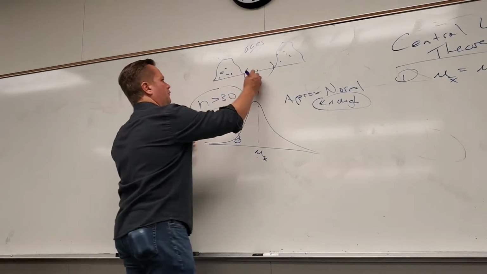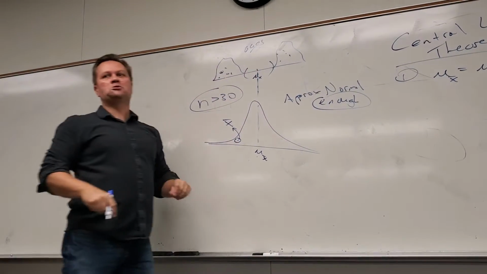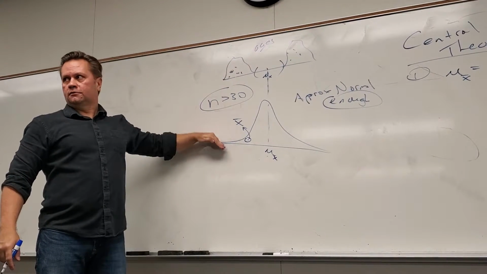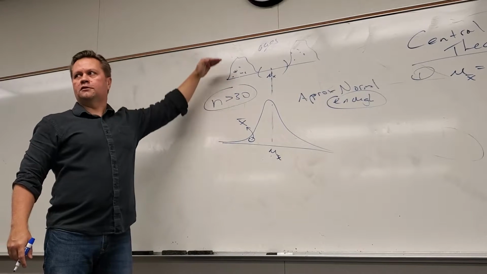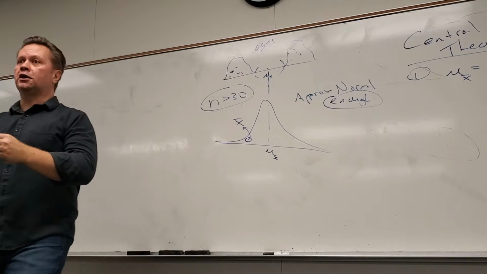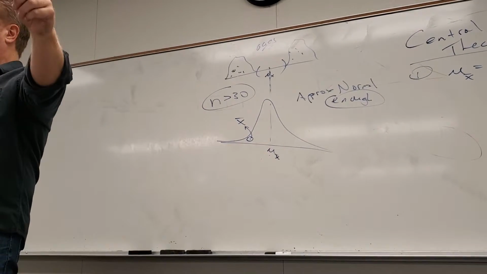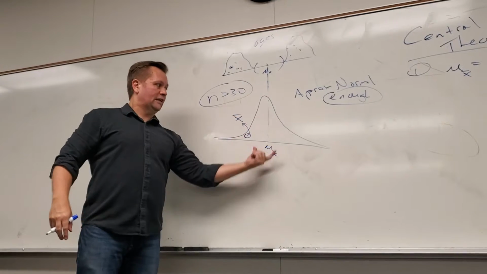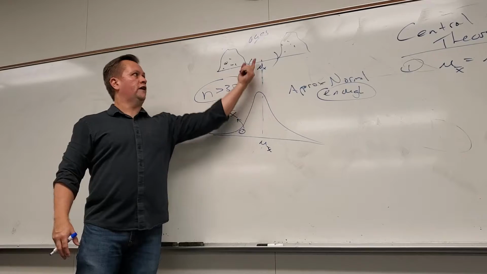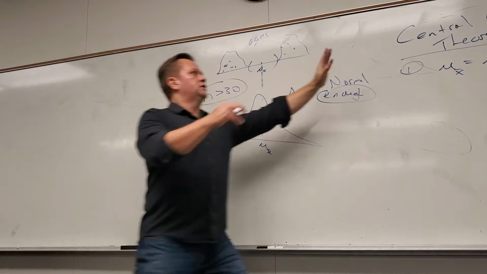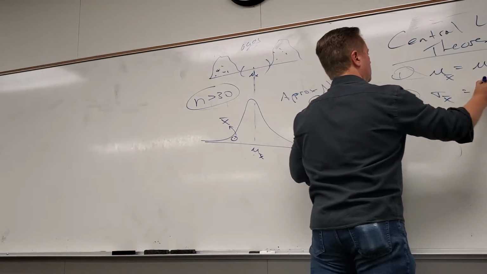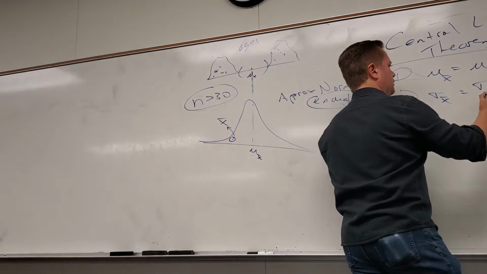This would be the mean of all the X's, the individuals. Which one has a smaller standard deviation? The top one or the bottom one? Bottom one, because what does standard deviation tell you? The average distance from the mean. This one, there's a ton of stuff right next to the mean. So this has a much smaller standard deviation than that one does. So the central limit theorem says the mean stays the same. The standard deviation becomes, now here's the neat thing, this little piece right here is interesting.